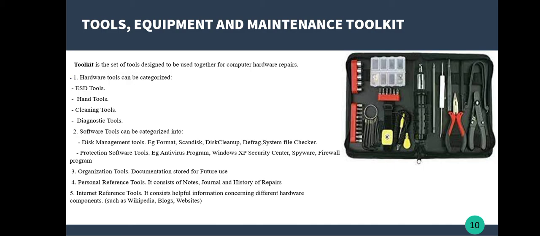Also, another type of software tools is protection software tools. These are very important tools in maintaining your computers, because when you're running computers, there can be many attackers, like hackers who can exploit your system.